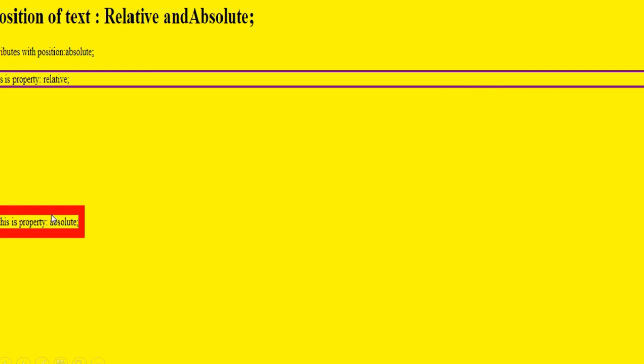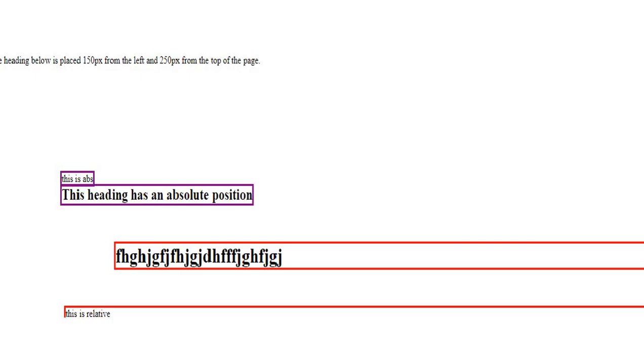This is the absolute border for the text, and this is how we get the output for positioning text in two ways, that is, the relative property and absolute. In relative, the text is always related to the line, but in absolute, the border always fits whatever text we have.